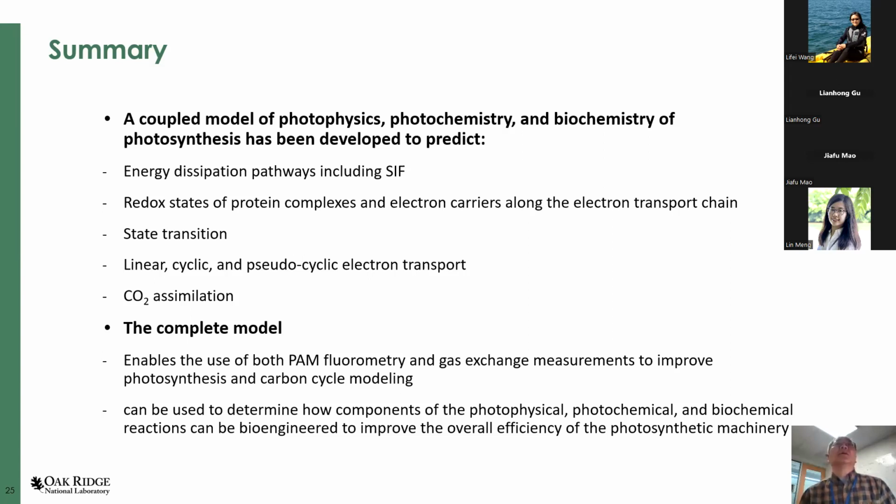The complete model enables the use of both PAM fluorimetry and gas exchange measurements to improve photosynthesis and carbon cycle modeling. And this model can be used to determine how components of the photophysical, photochemical, and biochemical reactions can be bioengineered to improve the overall efficiency of the photosynthetic machinery.